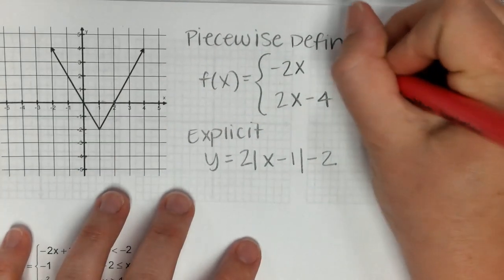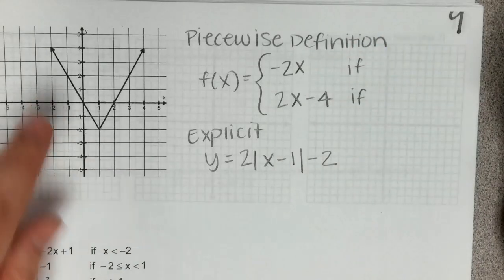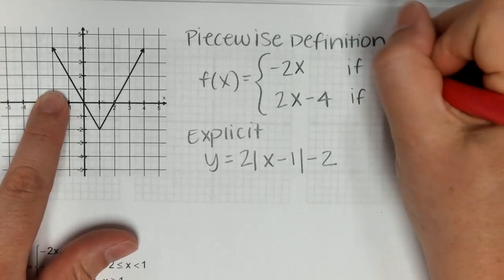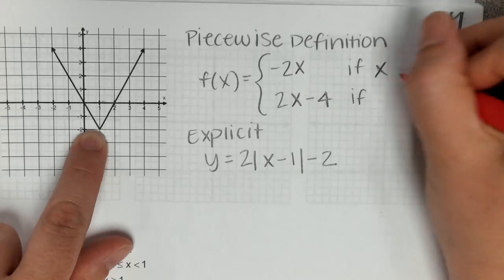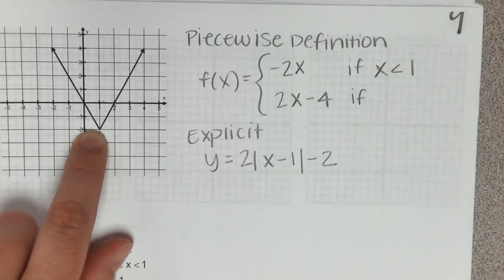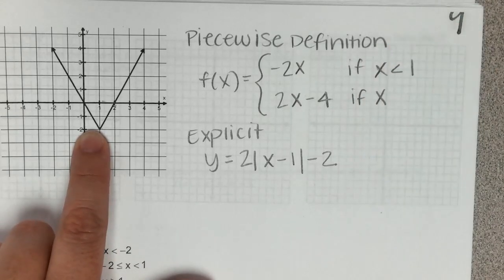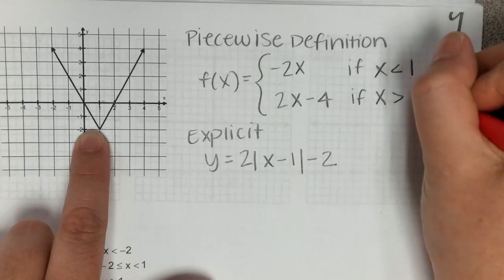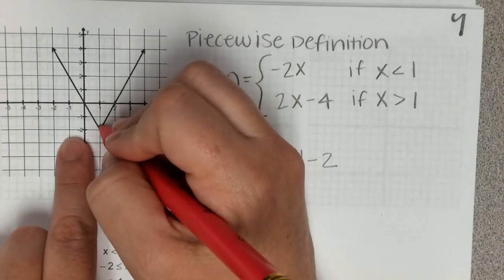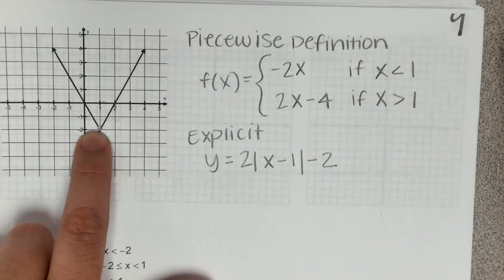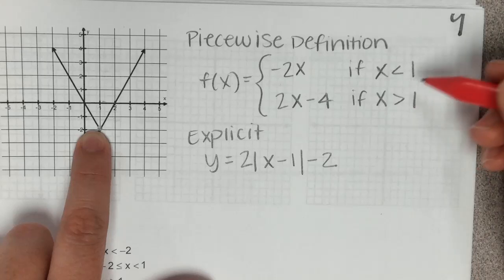Then put your restrictions. The first piece would be if x is less than 1, and the second piece is x is greater than 1. Where do I include that actual point? It doesn't matter, you just have to pick one.